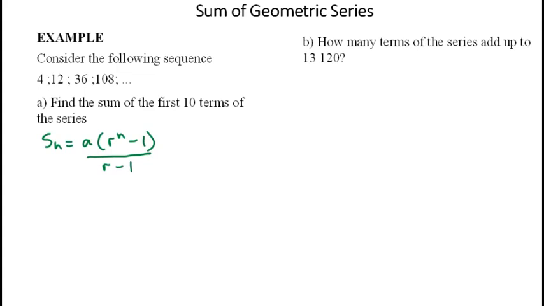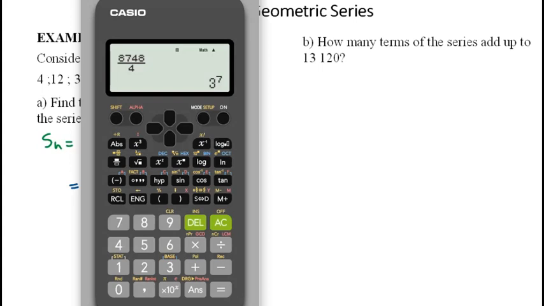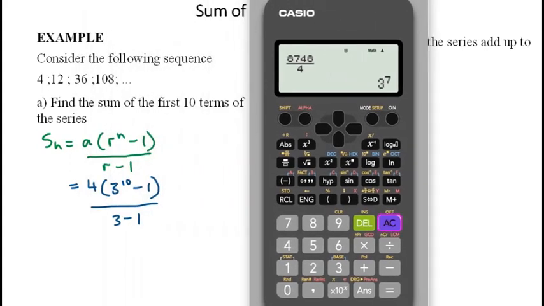In this sequence, the first term is 4, so we're going to put 4 there. We are multiplying by 3 to each term, so the common ratio is 3. We're adding over 10 terms, so that's 3 to the power of 10 minus 1, over 3 minus 1. We just bring up the calculator and enter this into the calculator.